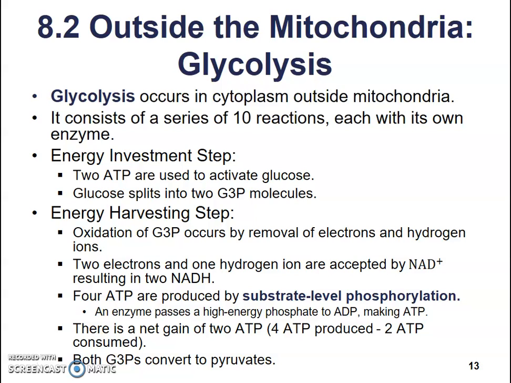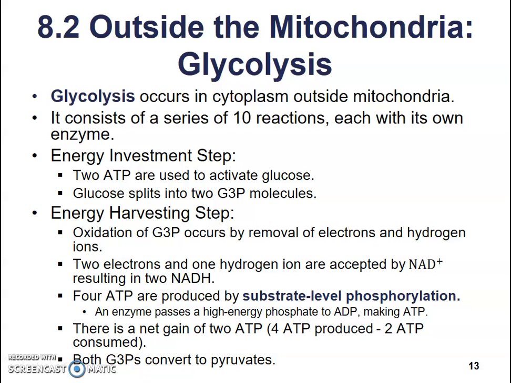The energy harvesting step, the oxidation of G3P, remember that molecule from photosynthesis, occurs by the removal of electrons and hydrogen ions. 2 electrons and 1 hydrogen ion are accepted by NAD+, resulting in 2 molecules of NADH. 4 ATP are produced by substrate-level phosphorylation. Okay, this is when an enzyme passes high-energy phosphate molecules to adenosine diphosphate.